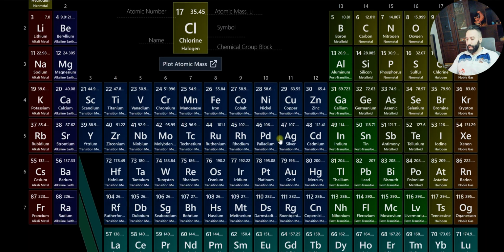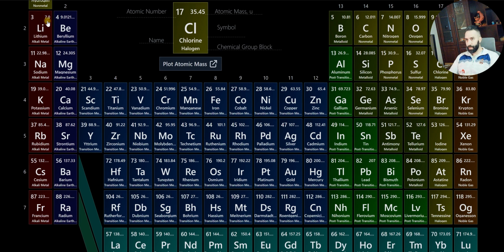Now, if we try to remember what we did before when we learned about the periodic table, there are two numbers in the periodic table which are considered to be most important. Let's take an example of lithium right now. Lithium has two numbers, a smaller number and a bigger number.